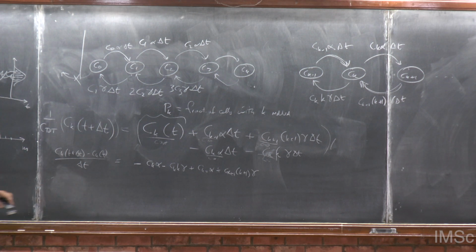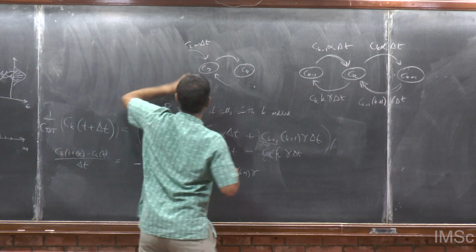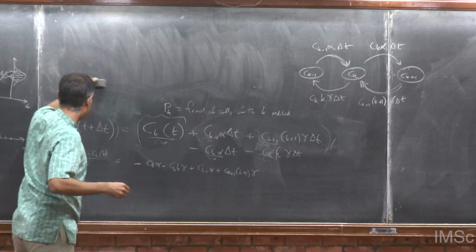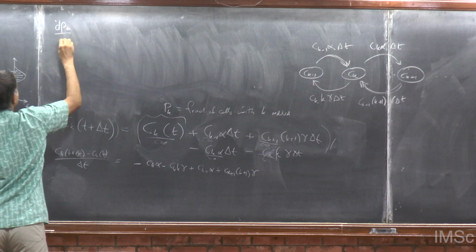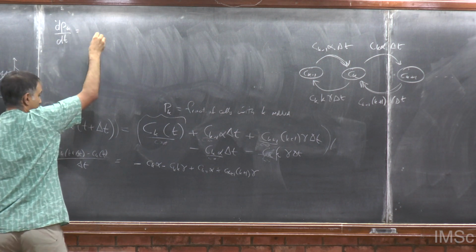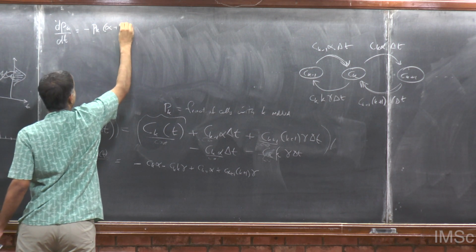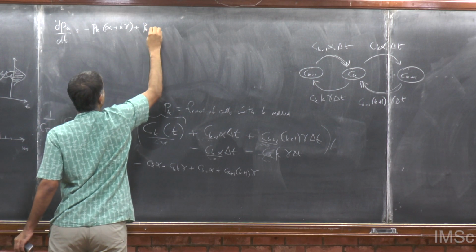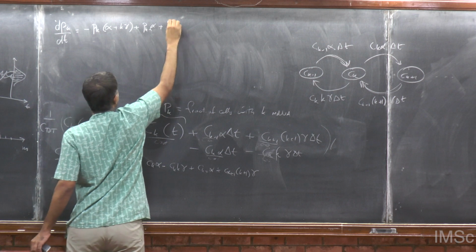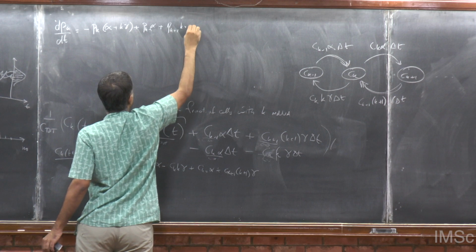And finally then we get this equation, which I guess I'll write up here. Can I erase this? We get this equation, which is a very nice equation, right? dPk/dt is equal to minus Pk times (alpha plus k gamma) plus P(k-1) alpha plus P(k+1) (k+1) gamma.